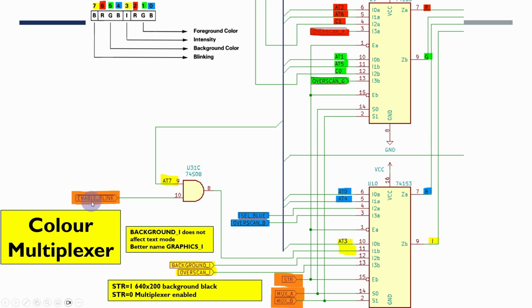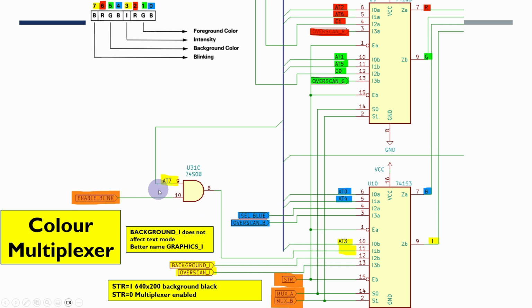So in fact the documentation that's saying that the background intensity would determine this value is actually incorrect. It would require some extra logic in here to route the background intensity into here in the situation when blink was enabled. And attribute 7 is routed through here, so if blinking is disabled, then attribute 7 actually determines what this value is.